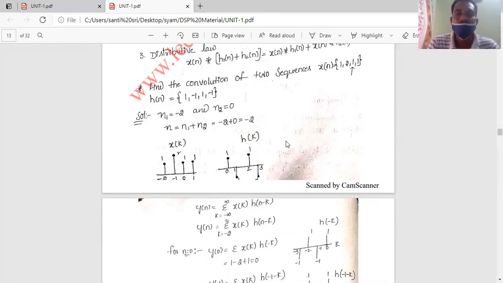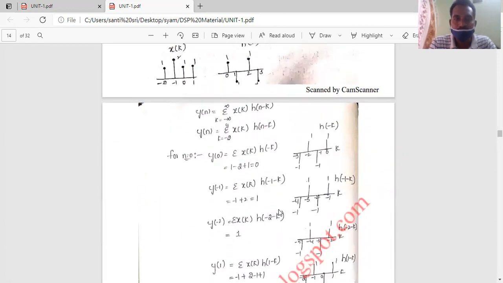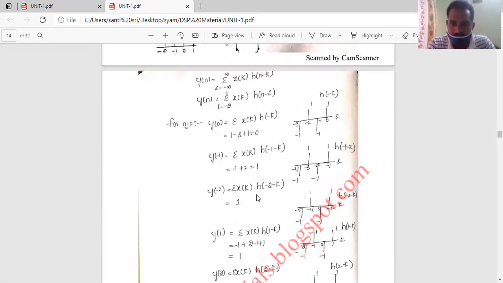Okay, if n is minus 2, then it will become x of k into h of minus 2 minus k. Okay, minus 2 minus k, right? So first of all we'll take minus 2 minus k.